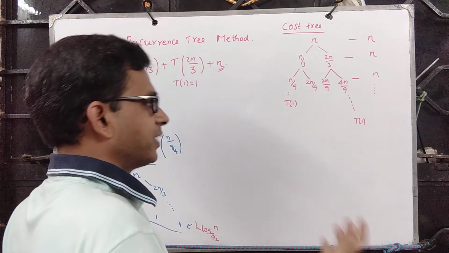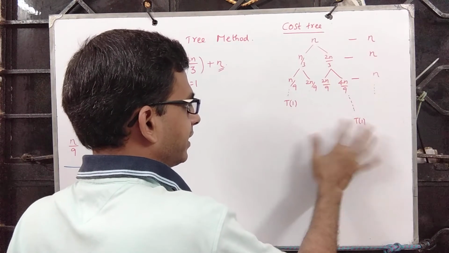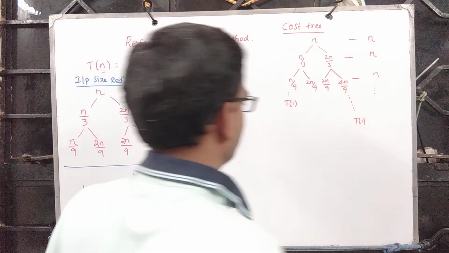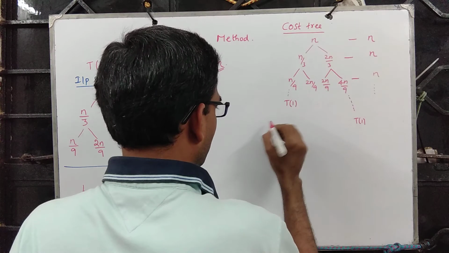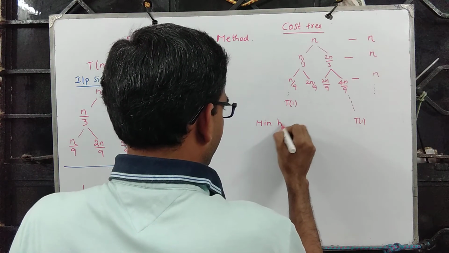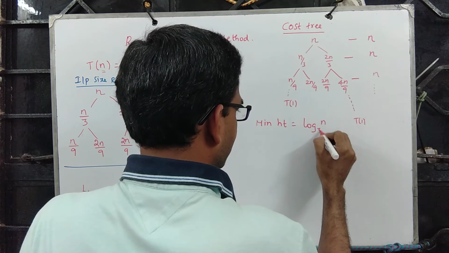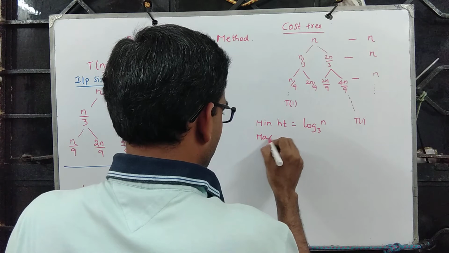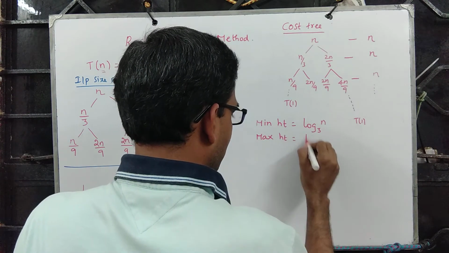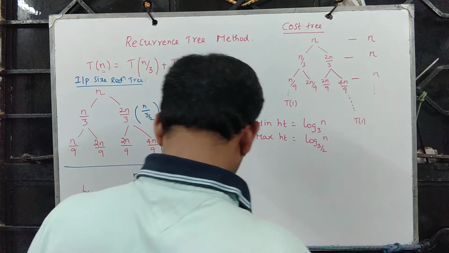Correct? With that you can conclude, but here it is not a complete binary tree and the leaves are distributed. So which means one can lower bound. So min height is how much? Log n base 3. So max height is log n base 3 by 2. Correct?